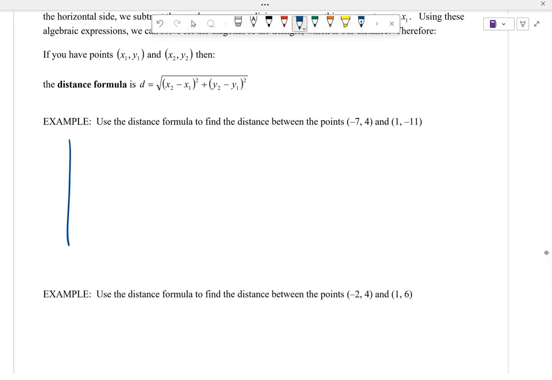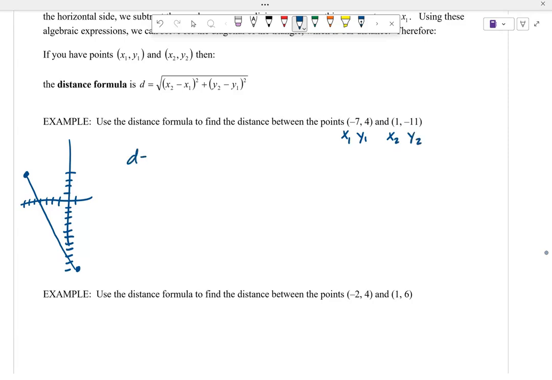We've got -7, 4, and 1, -11. All right, we're trying to find the distance between those two. So number 1, let's go ahead and name it x1 and y1. Name the other one x2 and y2.